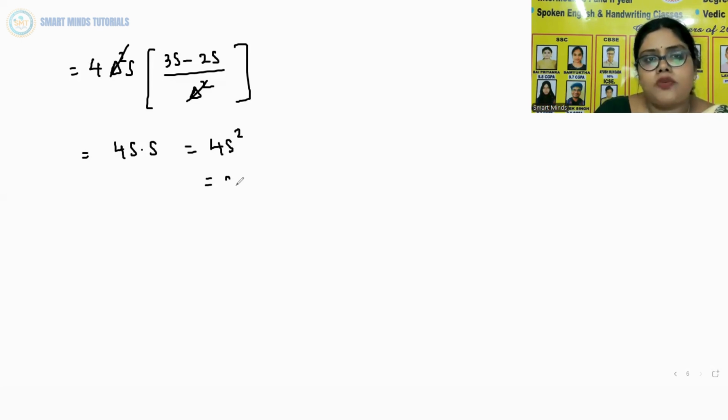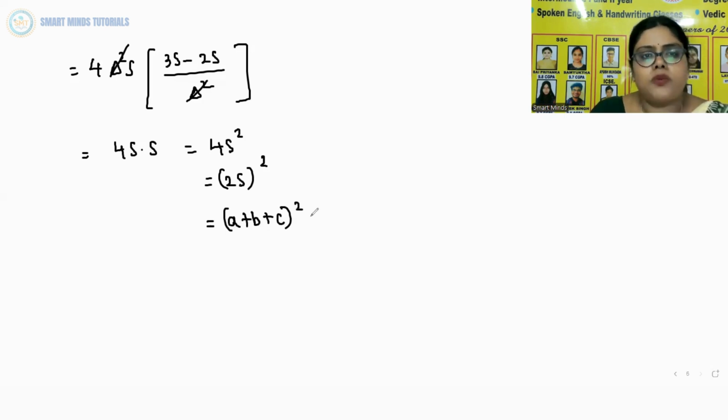So 4s square can be written as (2s) whole square. So 2s can be written as a plus b plus c, so (a plus b plus c) whole square, that is the RHS.